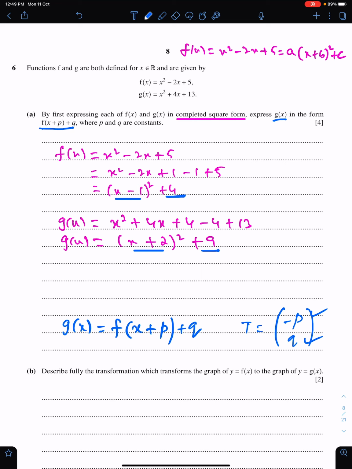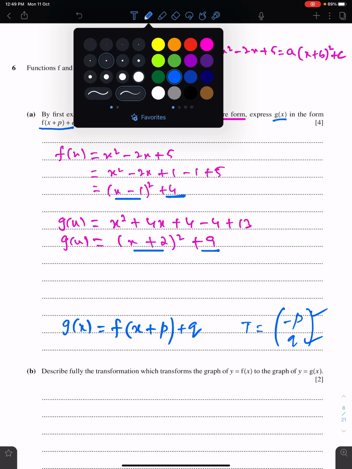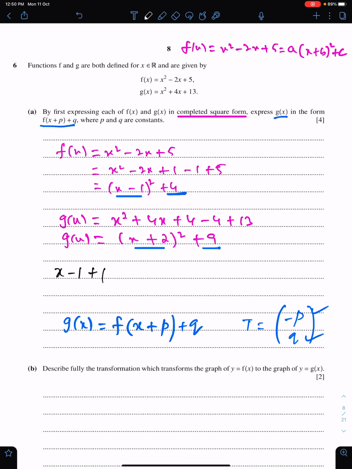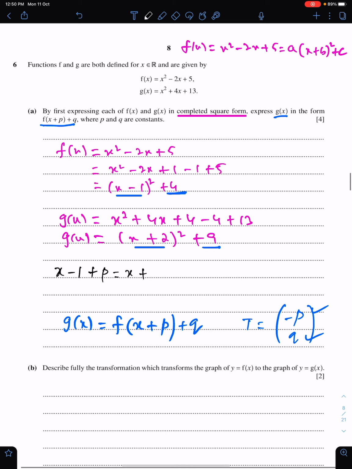See, this is the way to compare these two. x minus 1, this is the horizontal component of f of x. We have to add p here. So this will become x plus 2.